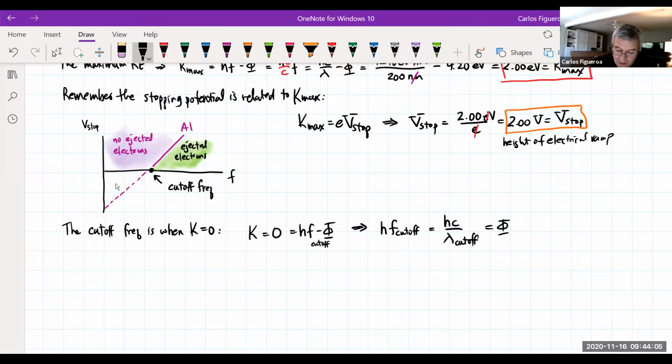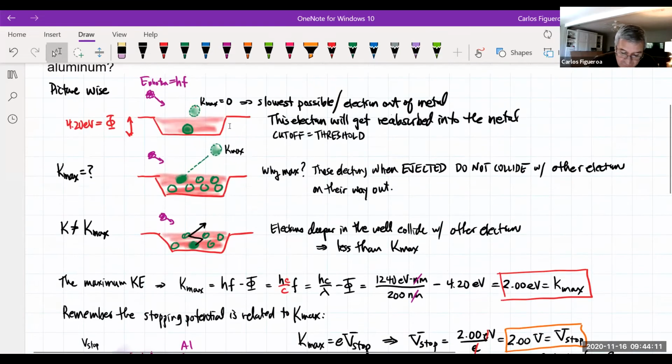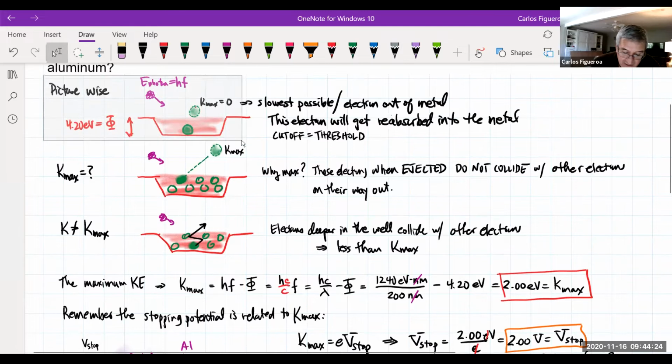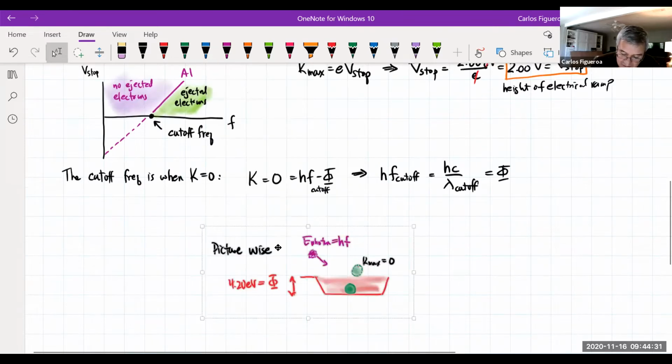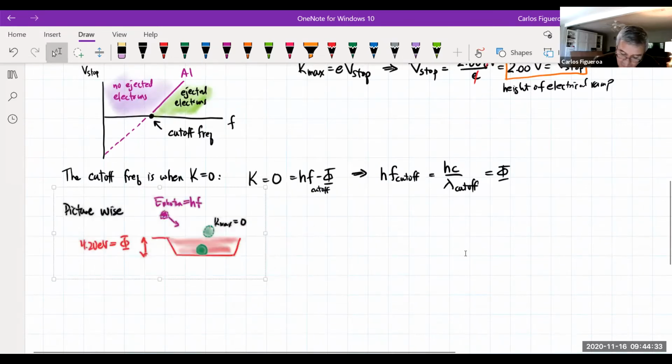So when we were talking about the 0 kinetic energy point, we're really talking about this first point here, where it just gets out. And you could see that from a bar diagram process, if I just highlight this guy, let me bring this down here just to show you what I mean. Picture-wise, it looks something like this. That just essentially means what?